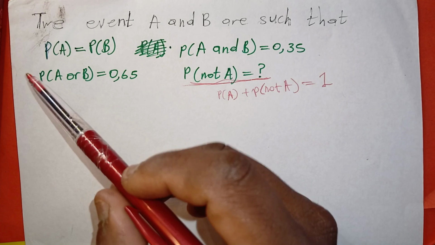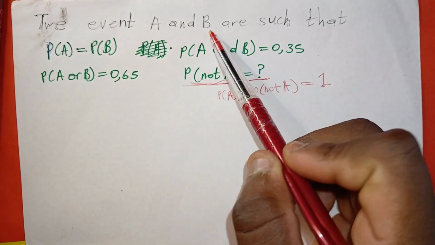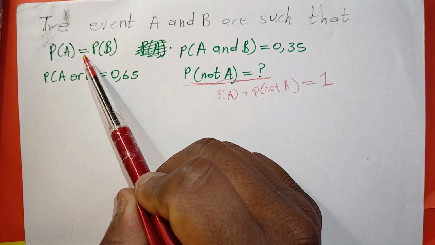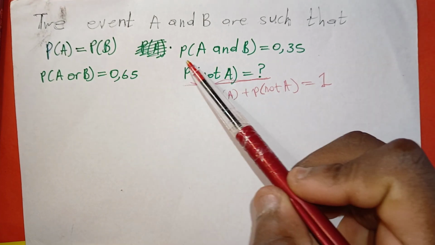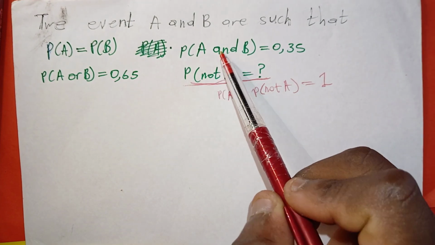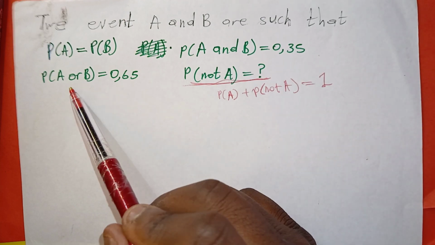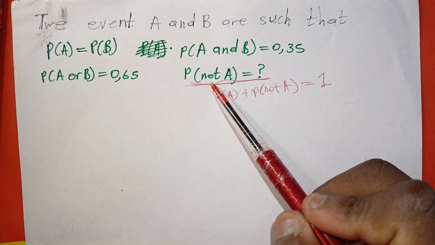It says that two events A and B are such that the probability of A is equal to the probability of B, and the probability of A and B is equal to 0.35. And also we are given this thing, you see.